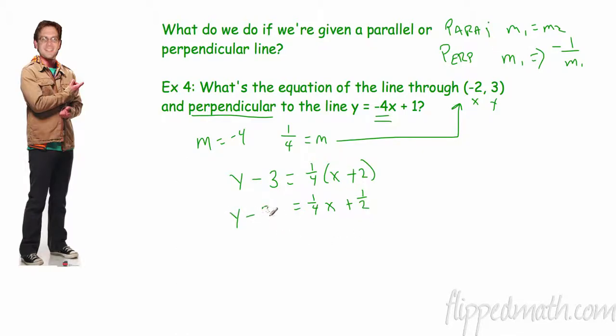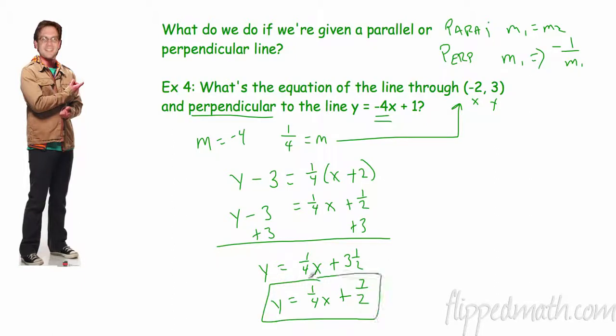So now I have y minus 3. I need to add 3 to both sides. So I have y equals 1/4 x plus 1/2 plus 3, which is 3.5, right? If you don't like it like that, maybe you want to put it as an improper fraction, and that's 7/2.